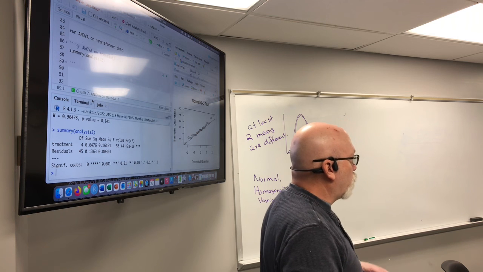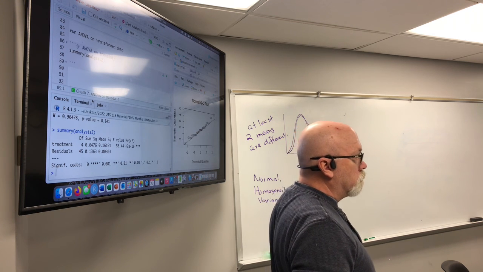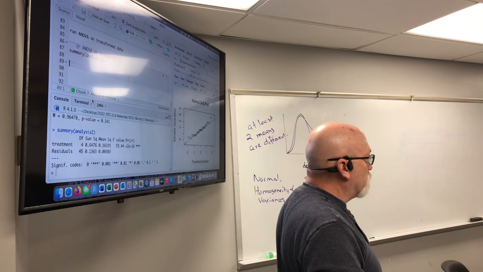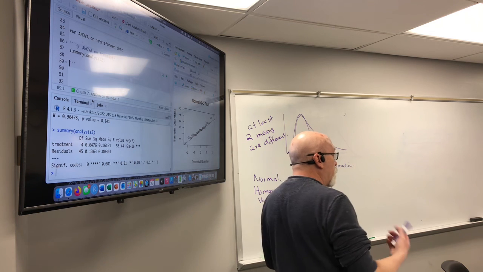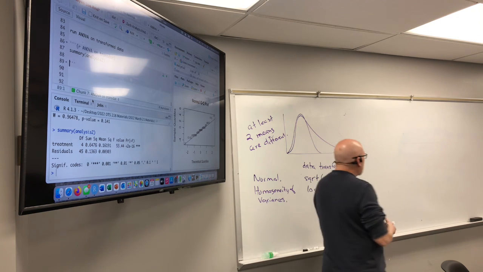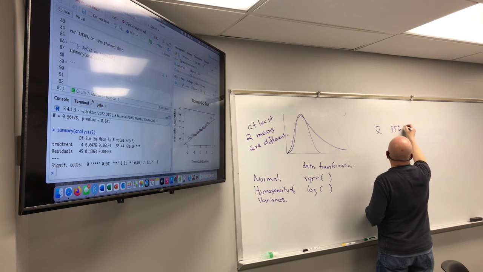Do you want to plot means? Do you want to plot 95% confidence intervals? Do you want to plot standard deviations? Do you want to plot standard errors? You generally want to plot mean and 95% confidence intervals.